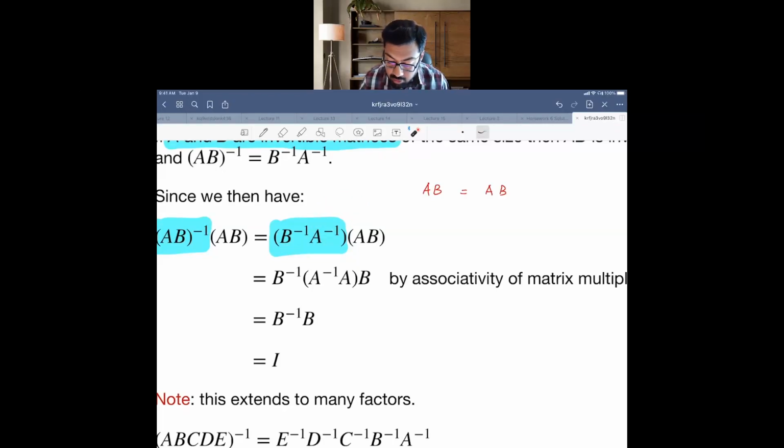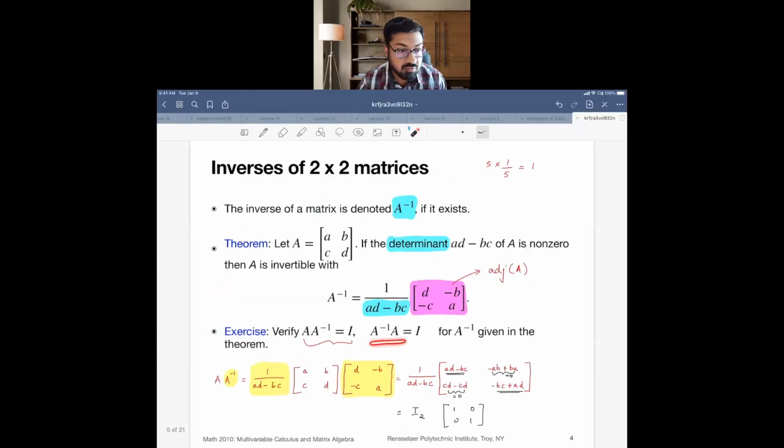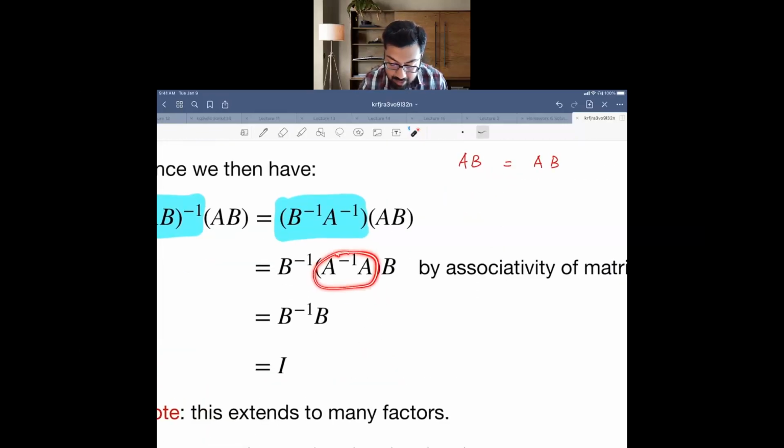Because of associativity of matrix multiplication, I can keep the B inverse in front. I can move the parentheses to A inverse A here. I have to maintain the order of the matrices, and then B, I'm putting it out. Now, A is invertible. If A is invertible, we looked on the previous slide that A inverse times A will be the identity matrix. So instead of writing A inverse A, I'm just going to write the identity matrix.